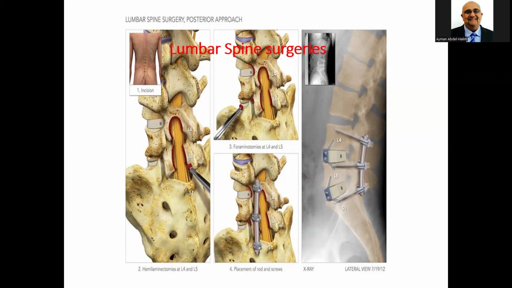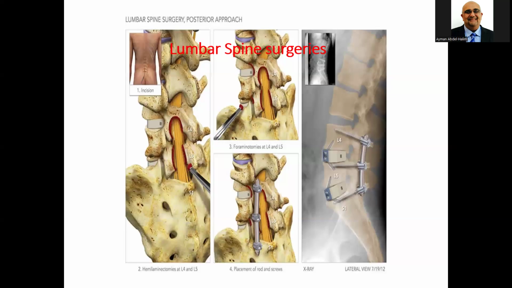But the bottom line is, if the surgeon thinks there will be instability after doing the laminectomy, he will proceed with doing a fusion as well to stabilize this lumbar area. Otherwise, there will be no benefit from the surgery itself.